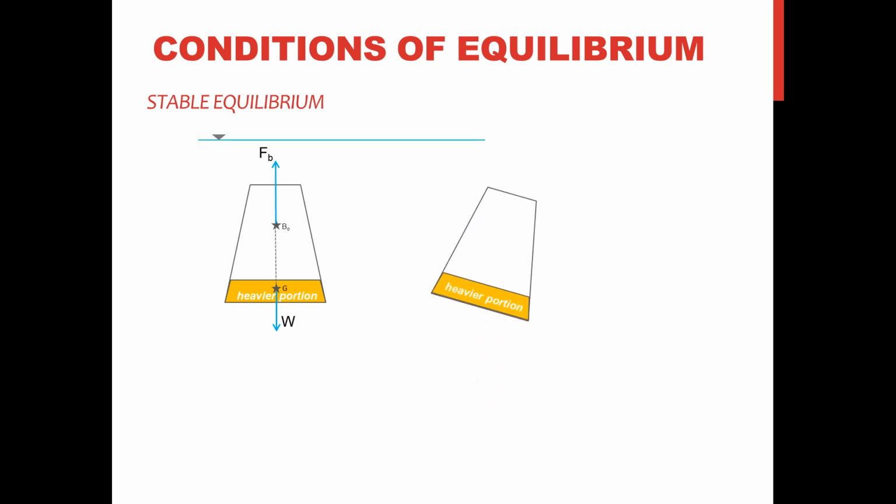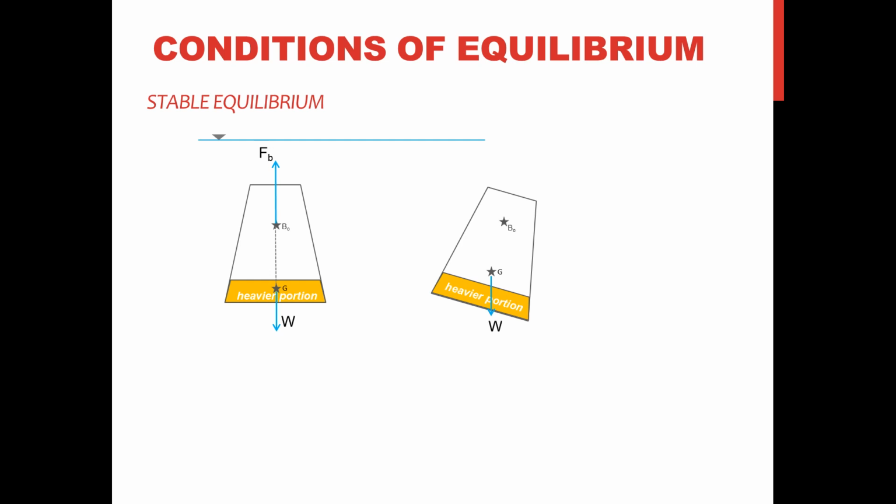Now let us consider that this body will be tilted at a certain angle. The configuration is the same, wherein the heavier portion is at the bottom. Just the same, there will be a center of gravity wherein the weight is concentrated.